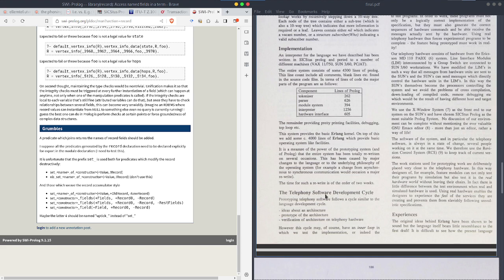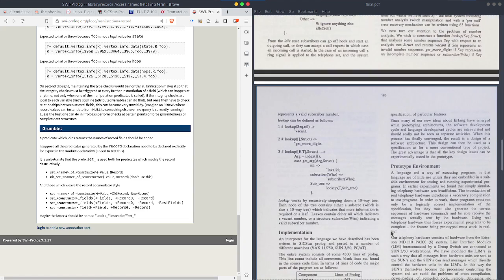The telephony software development cycle. Prototyping telephony software follows a cycle similar to the language development cycle: ideas about an architecture, prototype of the architecture, verification of the architecture on telephony hardware. However, this cycle may, of course, have an inner loop in which we test the implementation or indeed the specification of particular features.